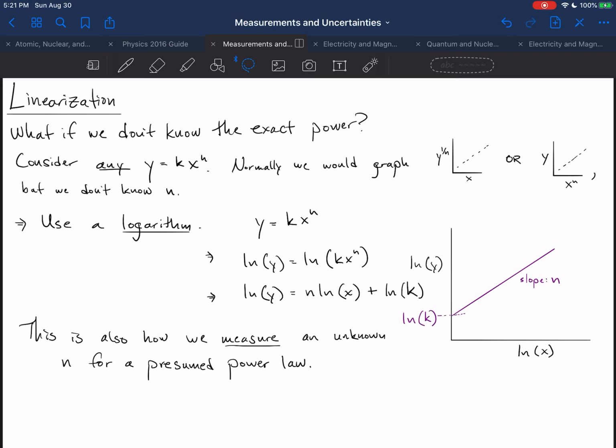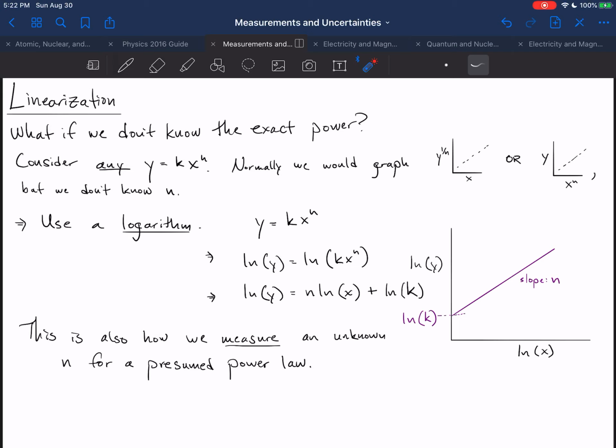Now notice that if I graph this, that is, if I graph log of y as my dependent variable and log of x as my independent variable, then I should get a linear relationship here, no matter what this n is. And the slope of that linear relationship between log y and log x will be exactly equal to the exponent in the power law.